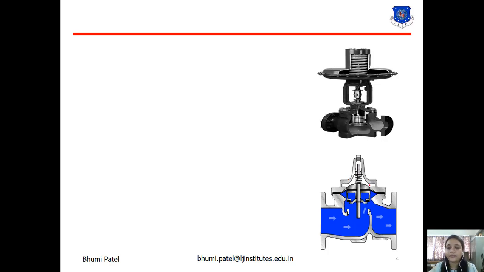Whenever the stem position is open, here you can see the stem of the control valve. When it is upward, the flow goes from the input to the output.